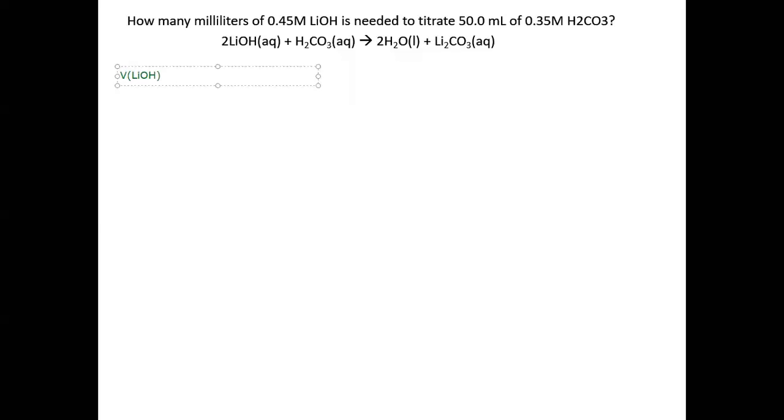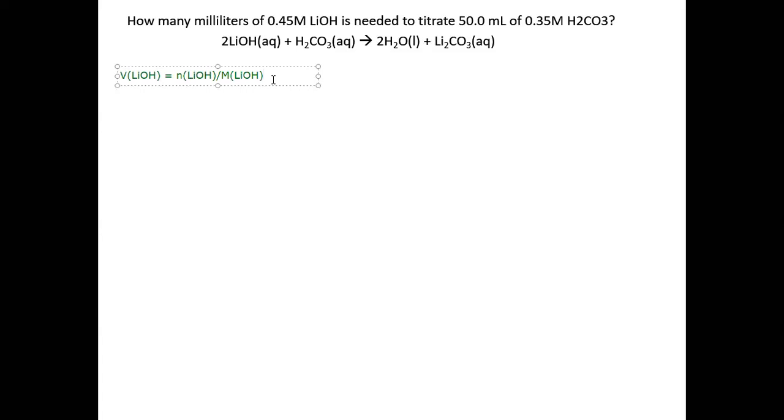And since we're given concentration, we know that volume equals the moles of lithium hydroxide divided by the concentration of lithium hydroxide. So the way we solve this problem is if we know the moles of lithium hydroxide used, and we know the molarity of lithium hydroxide used, we can calculate the volume.